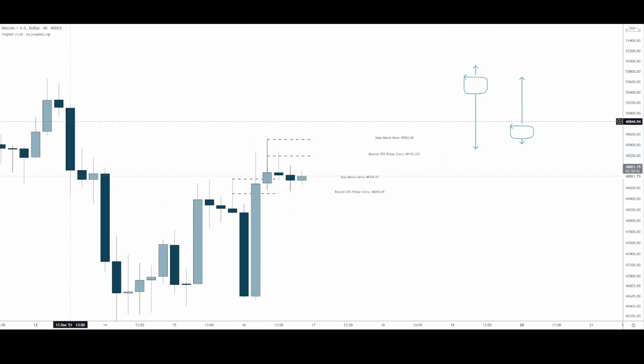So what it's telling us is based on this particular pinbar, the high of it, and the wick and the body where they meet here, what we're doing is working out 50% of that wick, which is here.